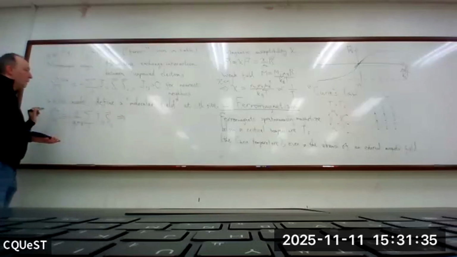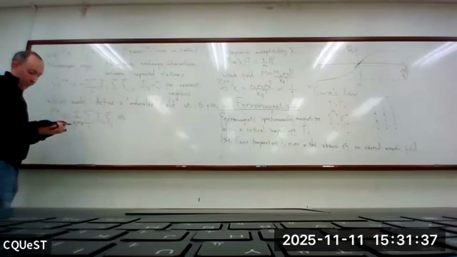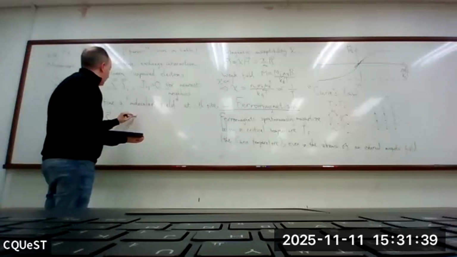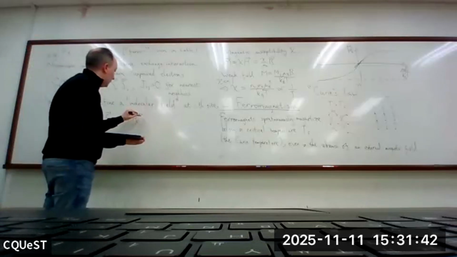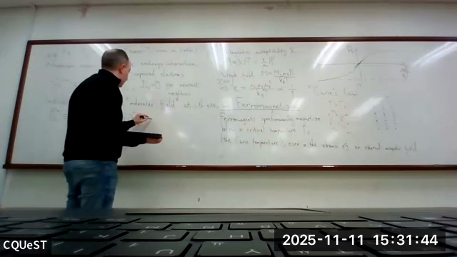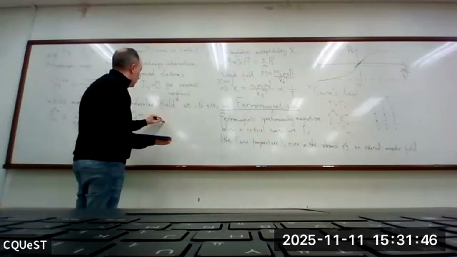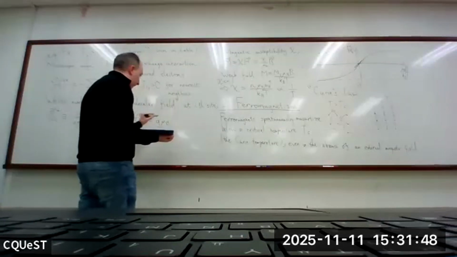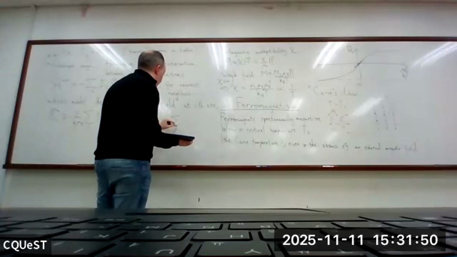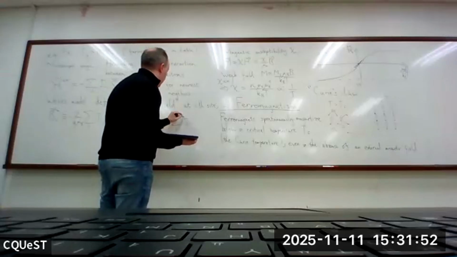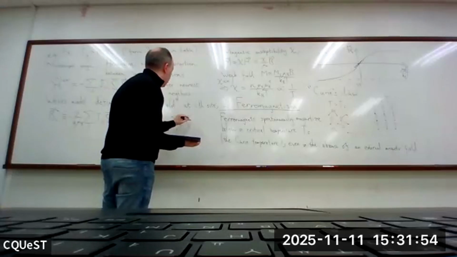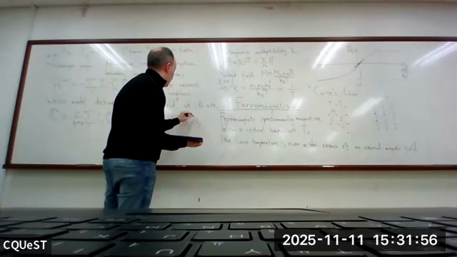So with this definition, our exchange Hamiltonian looks like g mu B sum over i of Si inner product with B_m,i.